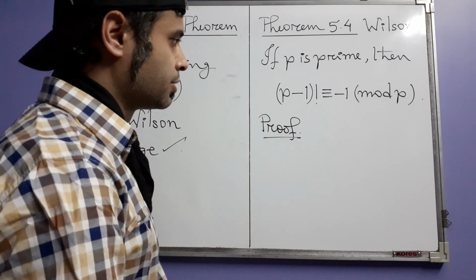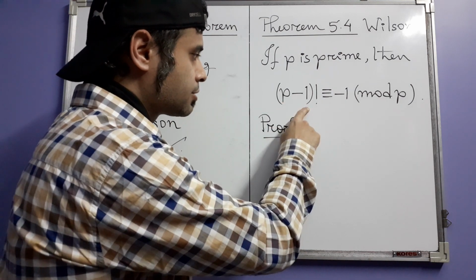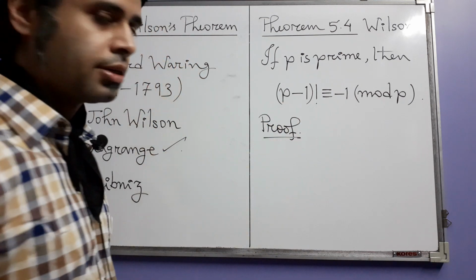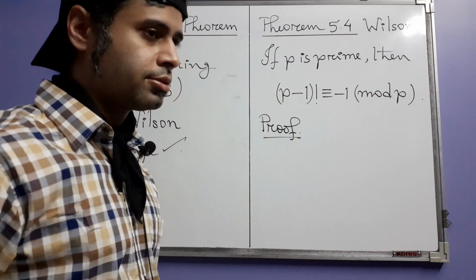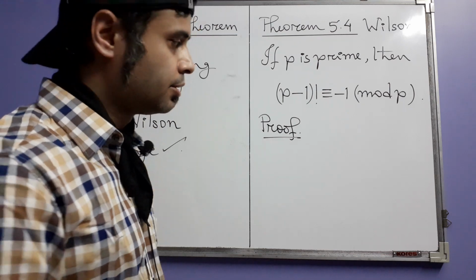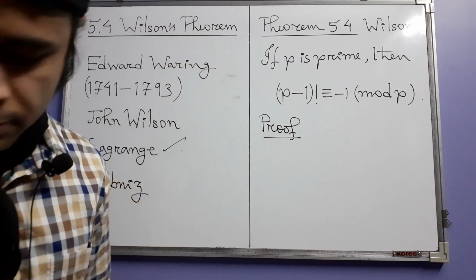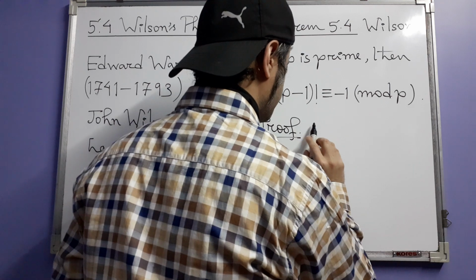It's true. What about 3? If P is 3, then 3 minus 1 is 2, 2 factorial is 2, and 2 is congruent to minus 1 modulo 3. Again, because 2 minus minus 1 is just 3. So we can start the proof by making this observation.